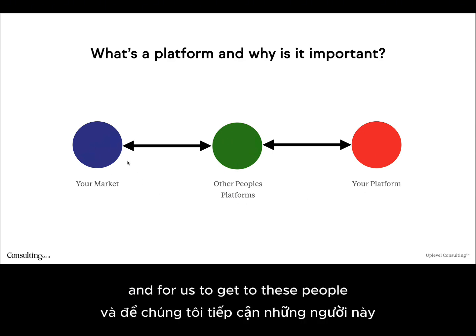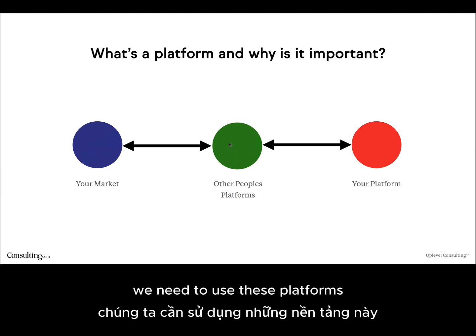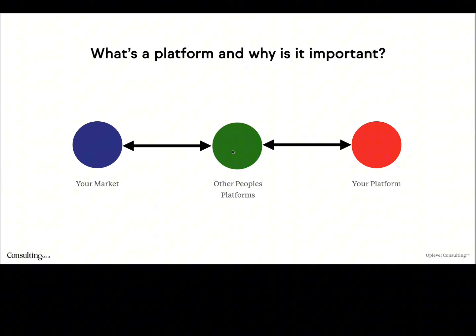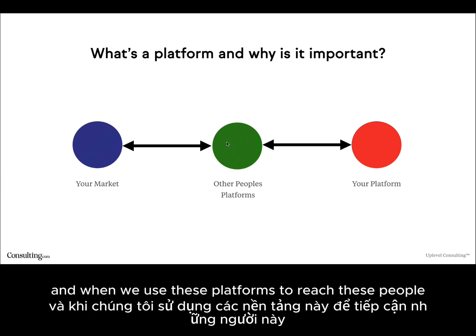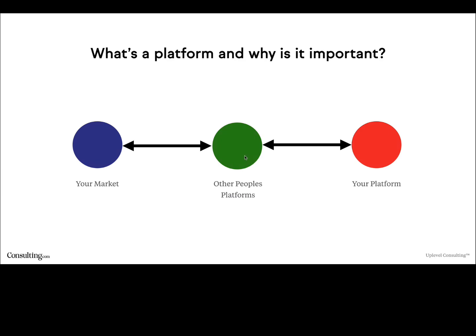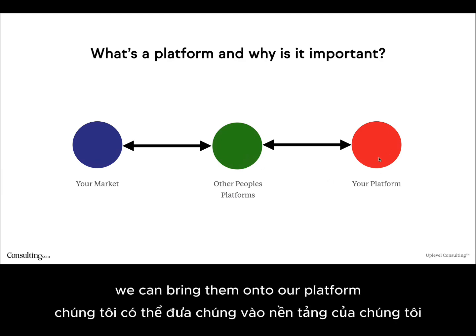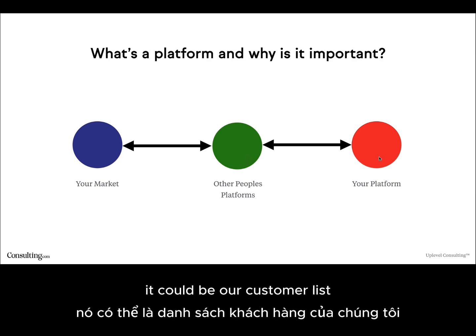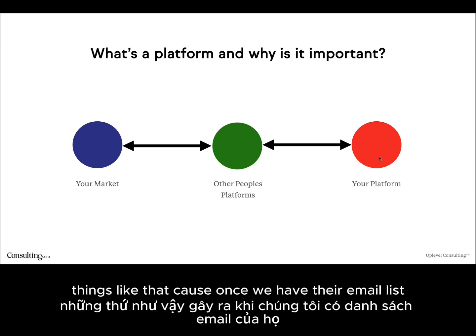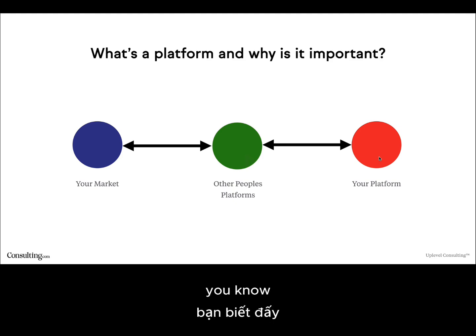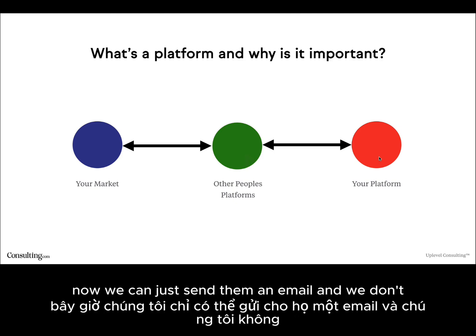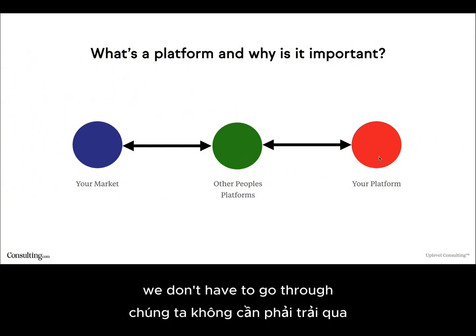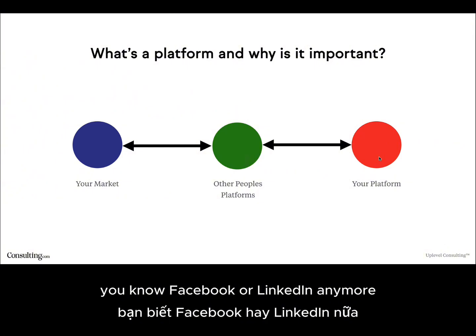And for us to get to these people, we need to use these platforms. When we use these platforms to reach these people, we can bring them onto our platform. Our platform could be our email list or our customer list. Once we have them on our email list, we can just send them an email, and we don't have to go through Facebook or LinkedIn anymore.